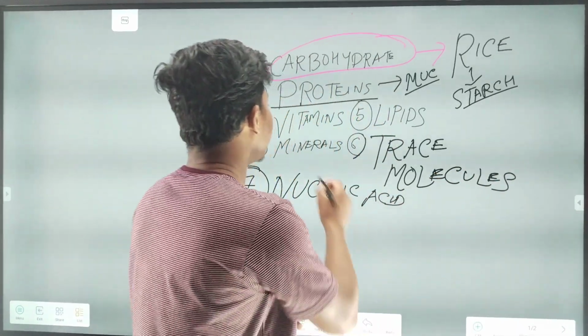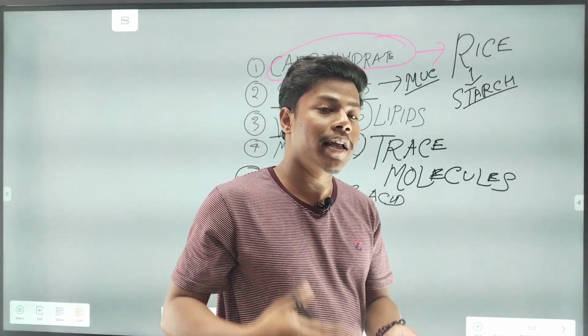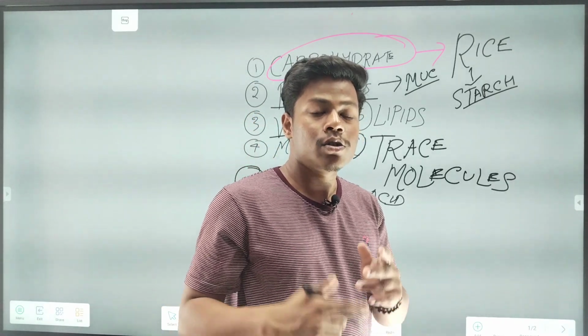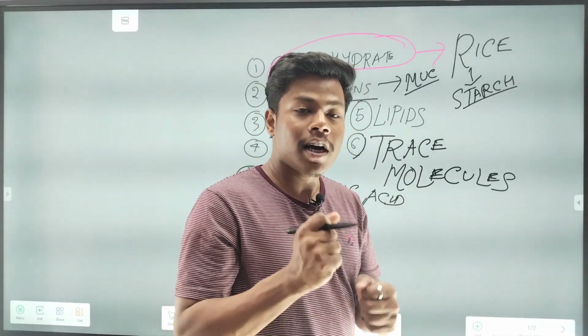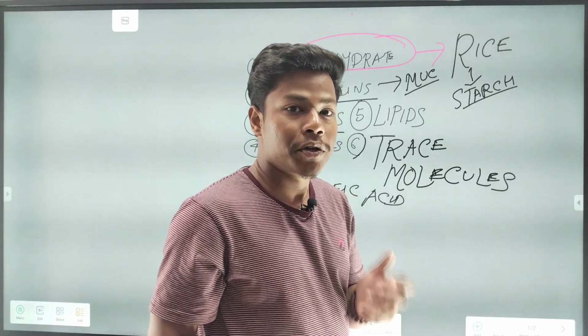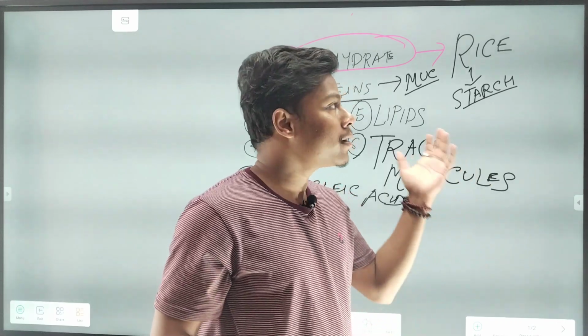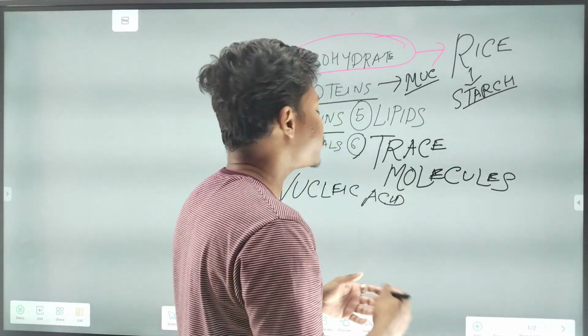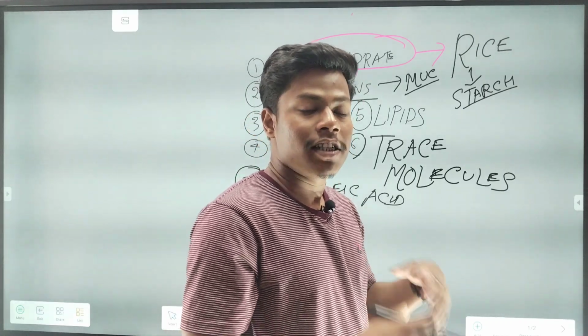Then we have vitamins. Since our childhood we have been hearing this word vitamins, right? So what are vitamins? These are the compounds that are required for fighting disease, for your immune system, for your skin, for your overall look. Say for example, vitamin C, ascorbic acid, vitamin A, vitamin B complex.